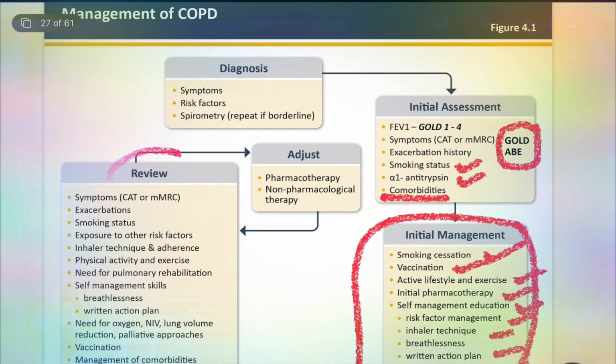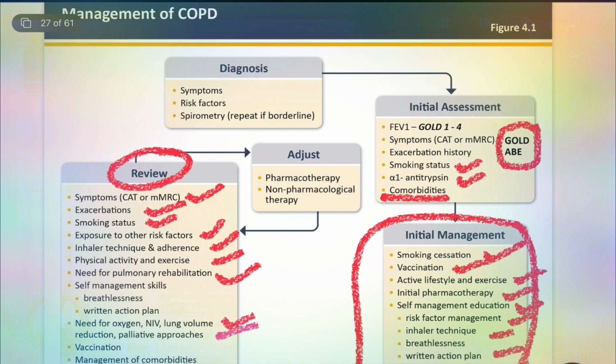After that, we should review the patient. During review, we should check the CAT and mMRC grading, exacerbation status, smoking status, exposure to other risk factors, inhaler technique, physical activity and exercise, whether there is a need for pulmonary rehabilitation, self-management skills like breathlessness and written action plan, need for oxygen and lung volume reduction or palliative approach, vaccination, management of comorbidities, and spirometry.